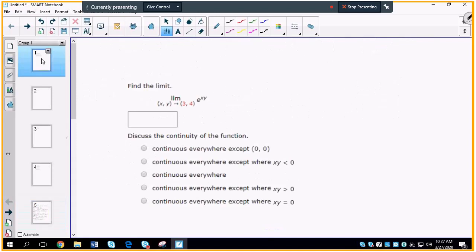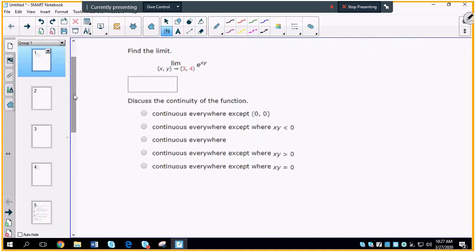As usual, when you are finding a limit, your first try is going to be to see whether you can directly substitute values. So look at my example now. I'm finding the limit as x, y approaches 3, 4 of e to the power xy, a several variable function. My question is, can I find the limit by direct substitution? Is there any problem?